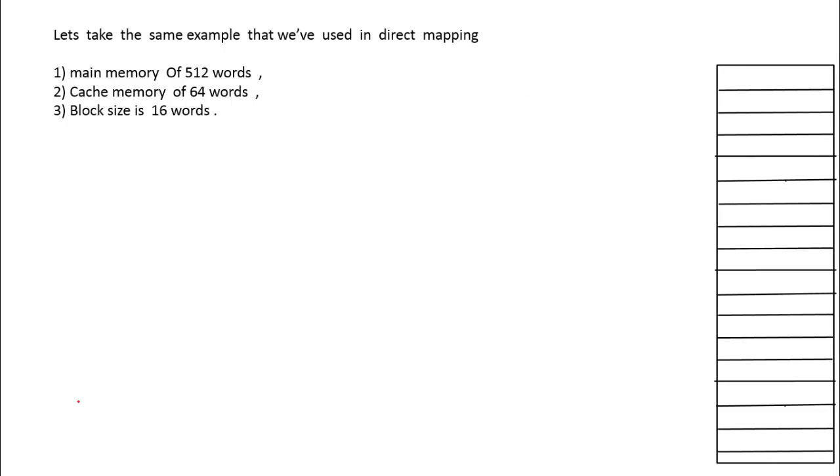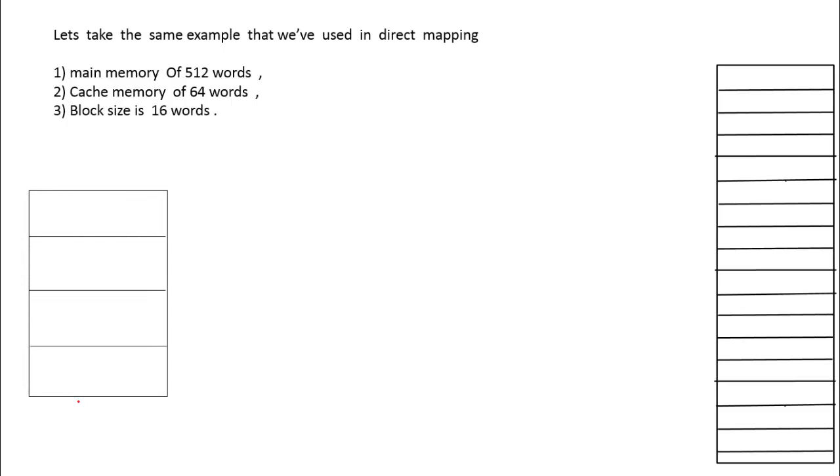Imagine that this is the main memory, and the small one on the left side, assume that it's the cache memory. Let's number these, and remember that we are numbering from 0 in both main memory and cache memory.